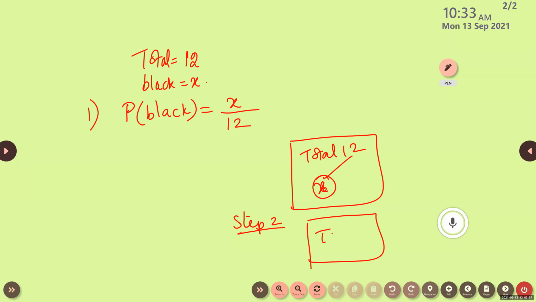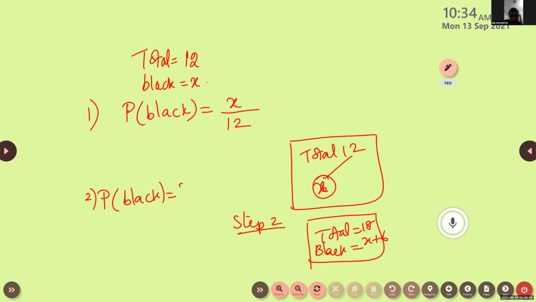Yes, total is 18. And what about the number of black balls? X plus 6. Okay, so now in the second case, what is the probability of selecting a black ball? Number of black balls by 18.